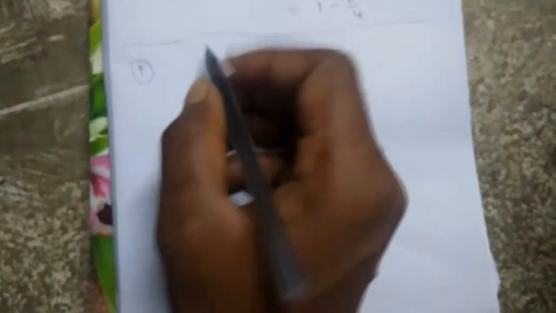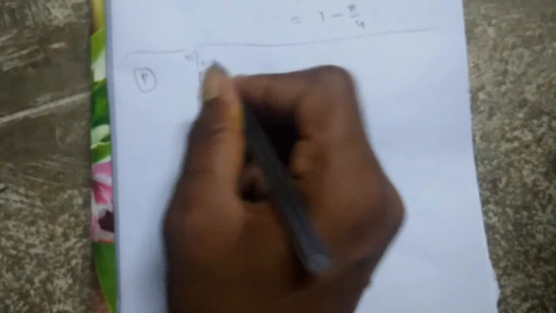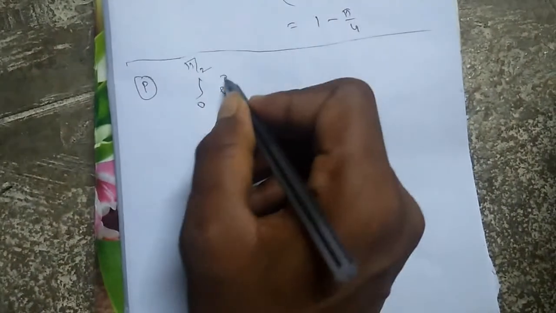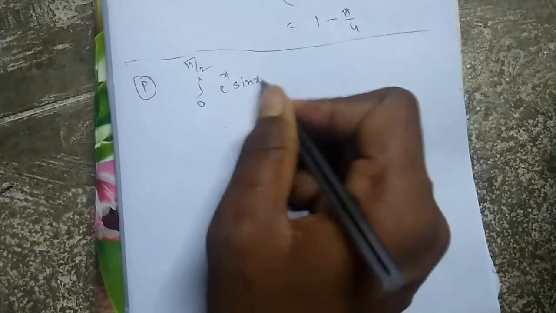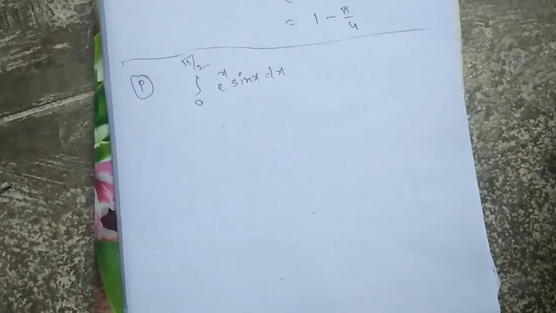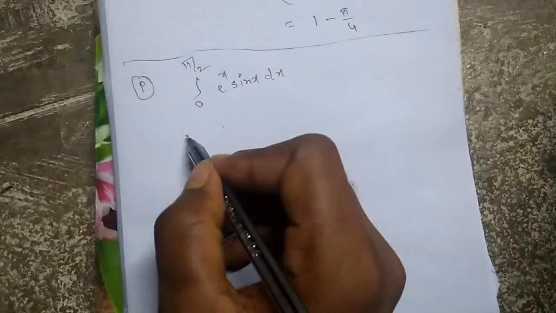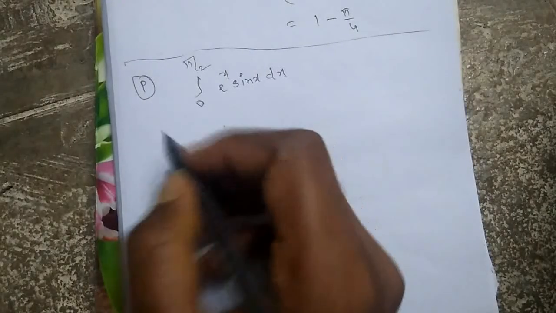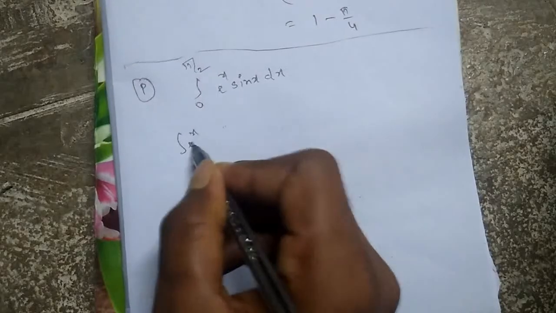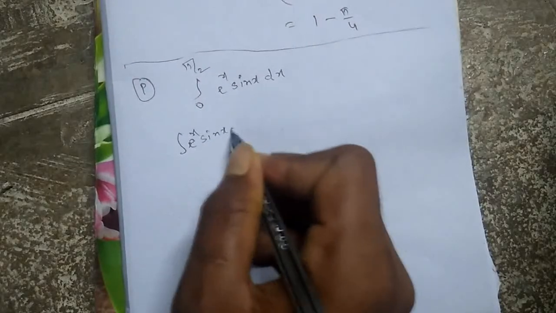Our next problem is the integral from 0 to pi by 2 of e power x sin x dx. So first let us find the integration here: integral e power x sin x dx.